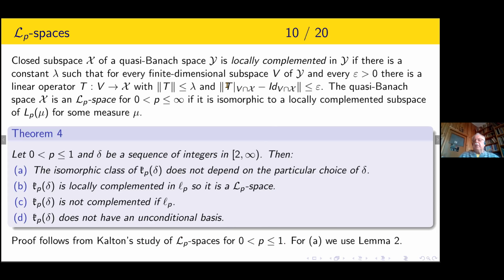For P between 1 and infinity, the difference is that we throw away Hilbert space. The Hilbert space is a script LP space with this definition, obviously, for any P between 1 and infinity. Otherwise, it's fine.